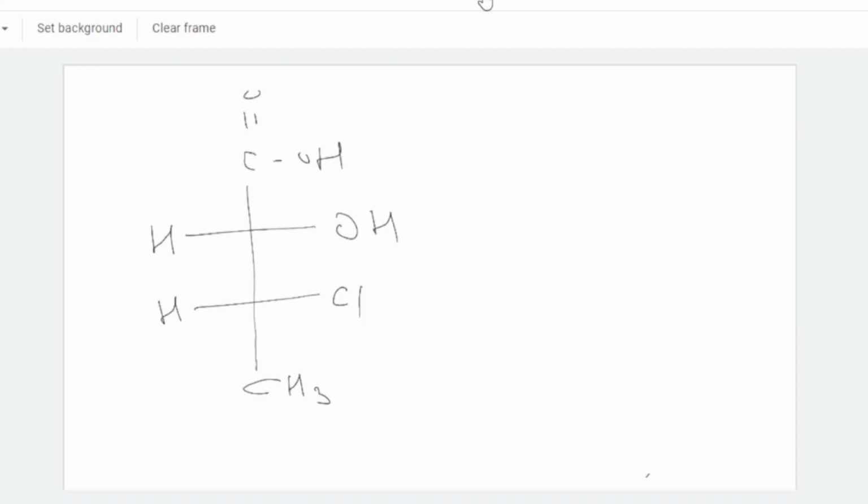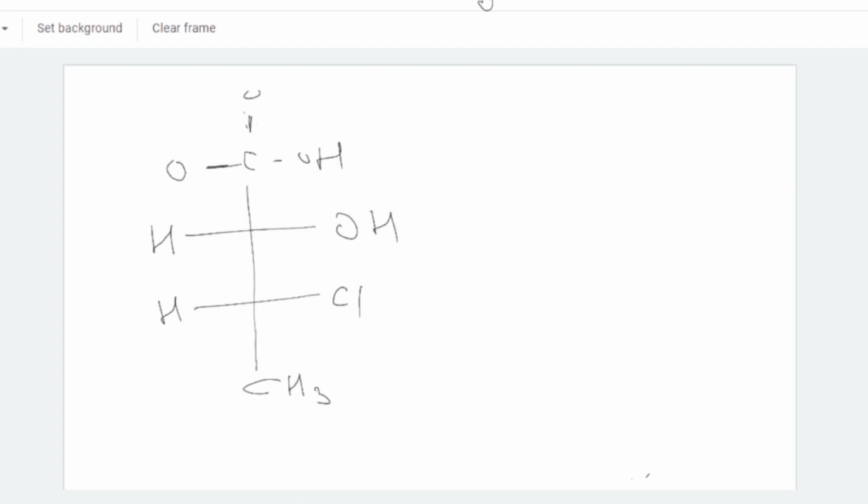You should remove this pi bond. You should break this pi bond and you should write another oxygen like this according to the CIP rule.